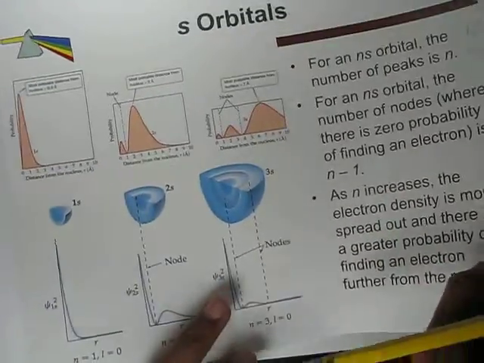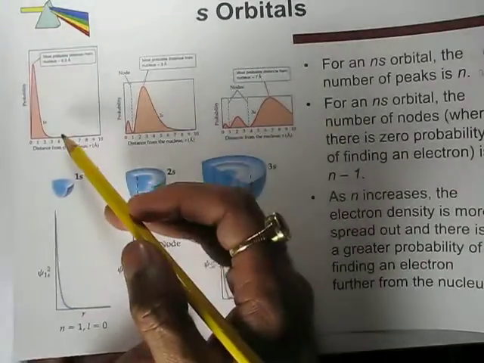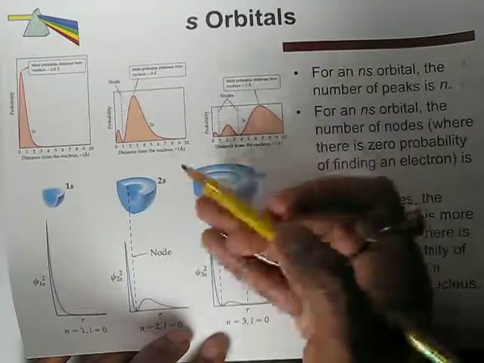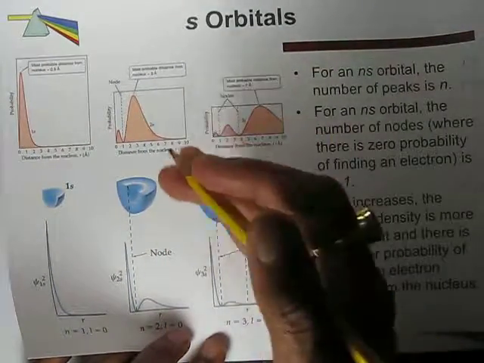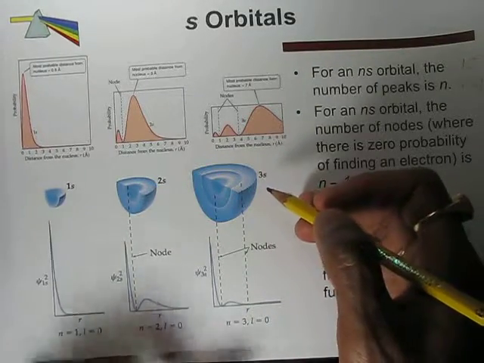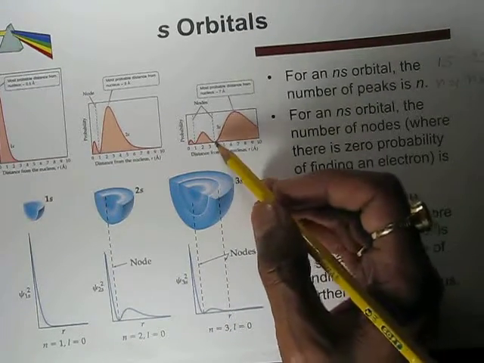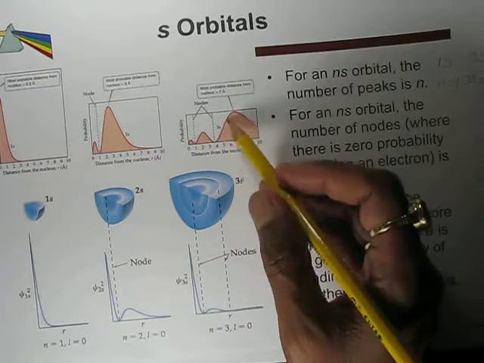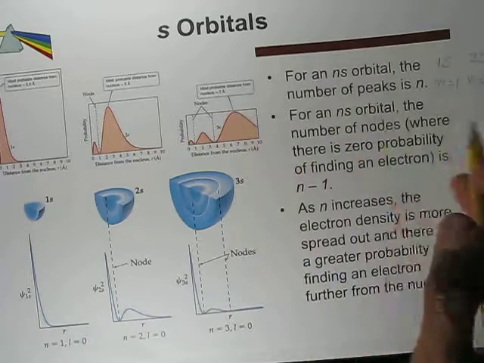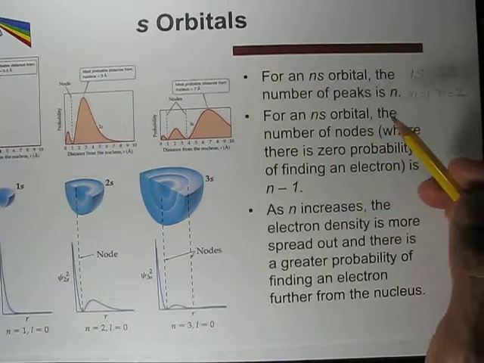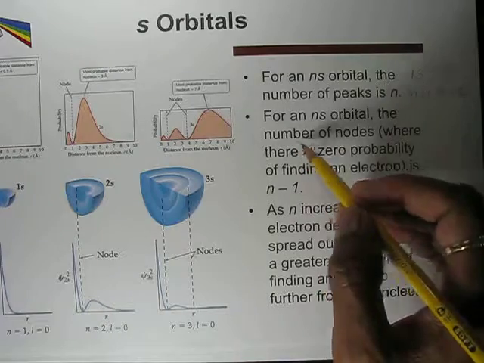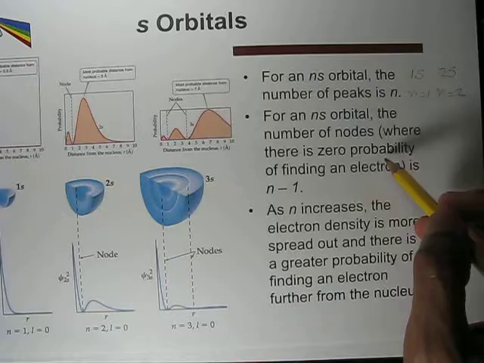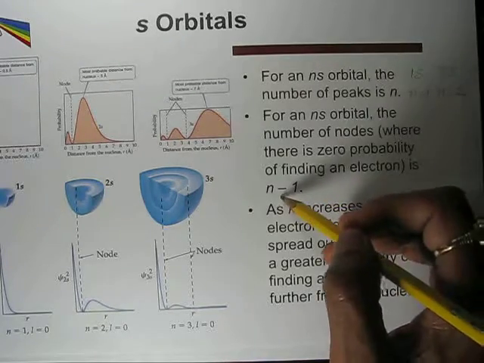This picture shows 1s, 2s, 3s, and you can see this is the cross section, horizontal and longitudinal both, of the s orbital, that shows that there is some node, and then this graph goes to a very high peak also. So for an ns orbital, the number of nodes where there is a 0 probability of finding the electron is n minus 1.